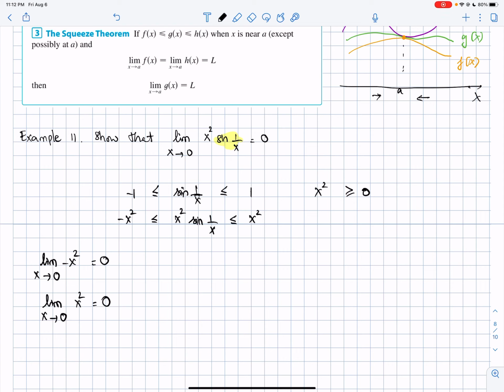So think about this as the function h of x. This is f of x. The limit of f of x and the limit of h of x are the same. So the middle, g of x, which is the limit of x squared times sine of 1 over x as x approaches 0, must be 0 also.